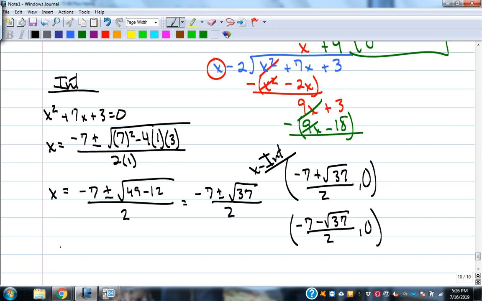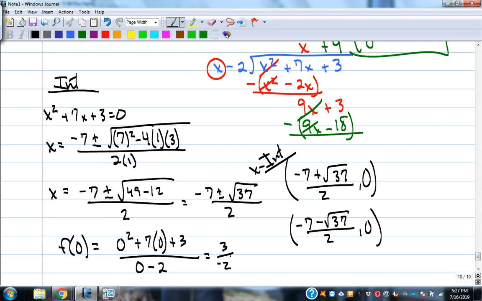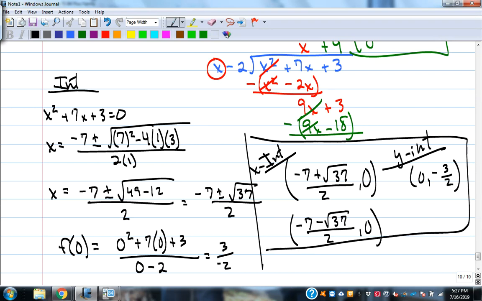To get my y-intercept, I'm going to put a 0 in the place of x in the original problem: 0 squared plus 7 times 0 plus 3, over 0 minus 2. Well, that works out a lot better. That's 3 over negative 2. That's my y-intercept, at 0, negative 3 over 2, or negative 1.5 if you wanted to do decimals. So there are my intercepts for that problem.